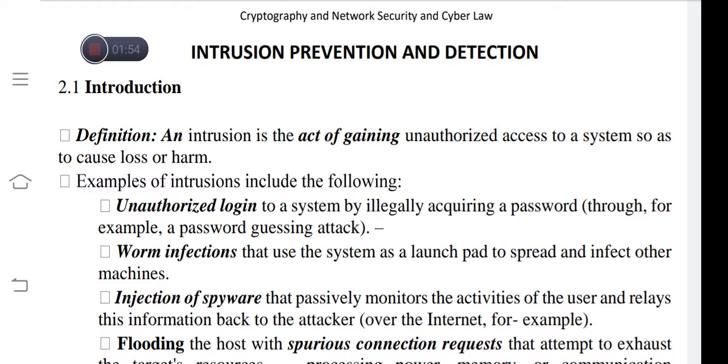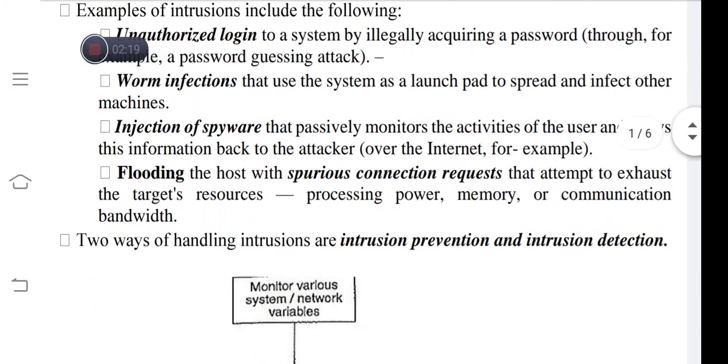The next example is worm infections, which use the system as a launch pad to spread and infect other machines. The third example of intrusion is injection of spyware, which passively monitors the activities of the user and relays this information back to the attacker.